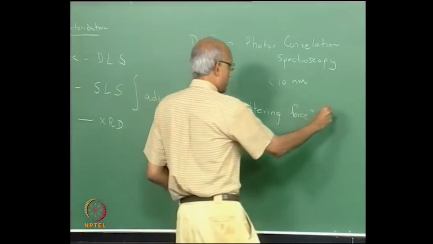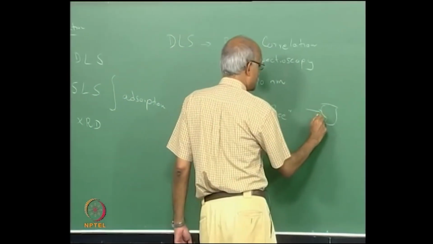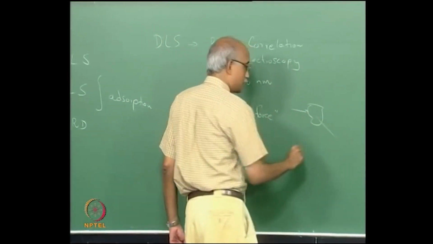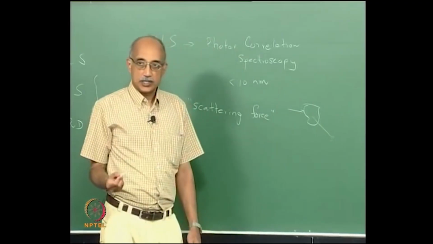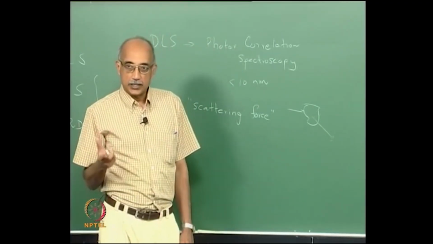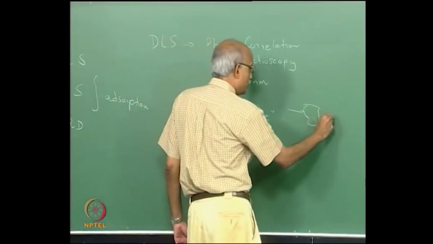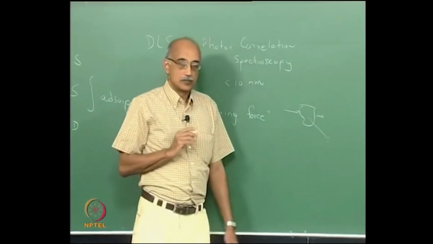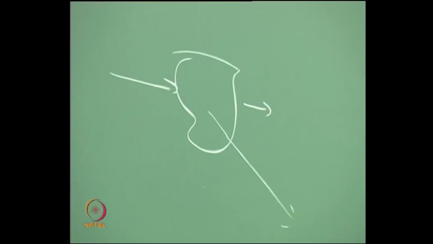So, if you have a particle sitting here and light is hitting here, yes, it will get scattered, and the measurement of the scattered intensity will give you an idea about the size, but at the same time there is a very small displacement of the particle in the direction in which the light is being radiated.